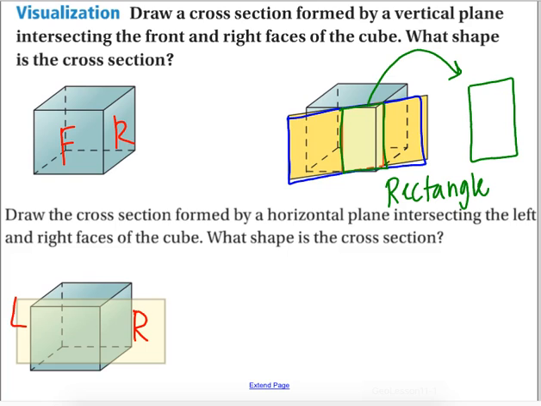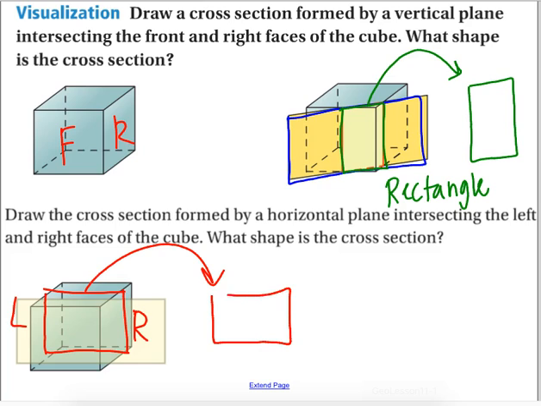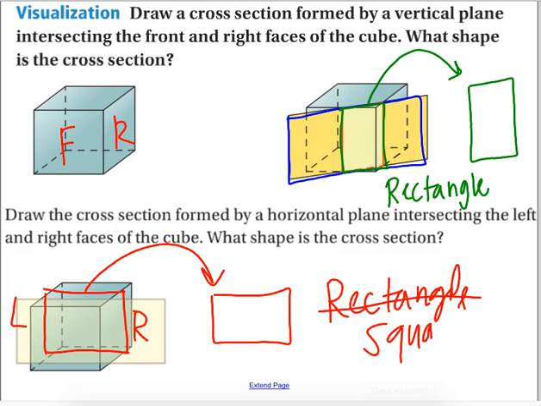So what shape does this result in? Well, again, just watch. If I draw that outside my cube, again, I'm left with a rectangle. Or I guess since it's a square, the more accurate name would be a square, because all your sides are the same.